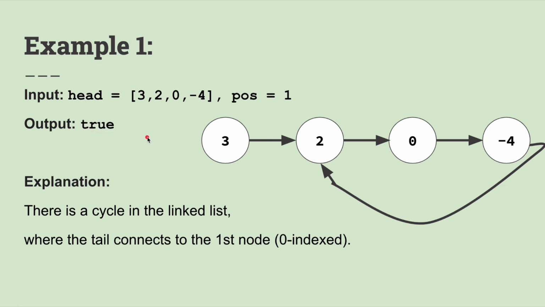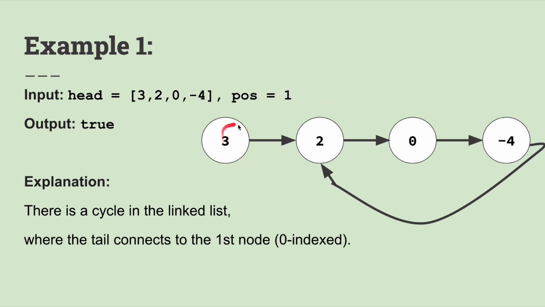So just think about what our approach will be. One approach is to store all these visited nodes in a hash set, right? And we'll check whether we visit any node again. But this will take extra memory.